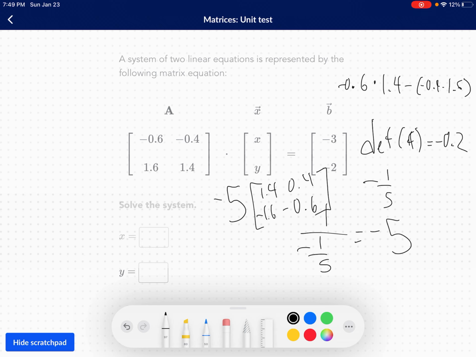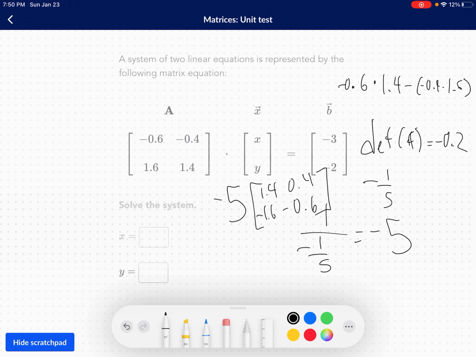Negative 0.6 times 1.4 is approximately negative 0.84. Negative 0.4 times 1.6 is negative 0.64. Yeah, it's negative 0.2, and 1 divided by negative 0.2 is negative 5.